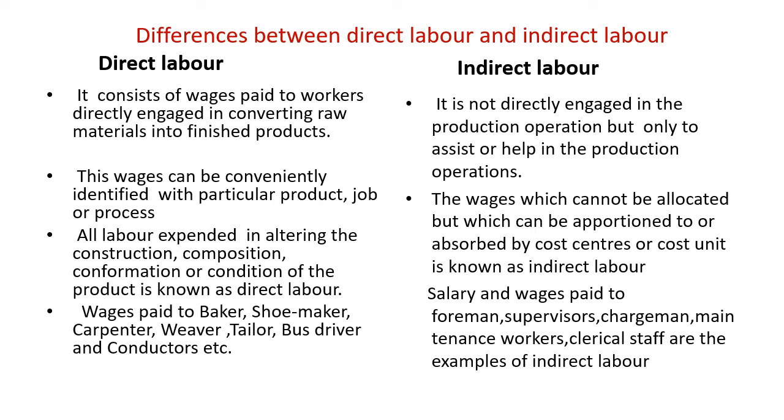All labor expended in altering the construction, composition, conformation or condition of the product is known as direct labor. Wages paid to baker, shoemaker, carpenter, weaver, tailor, bus driver and conductor, etc. are the examples of direct labor.